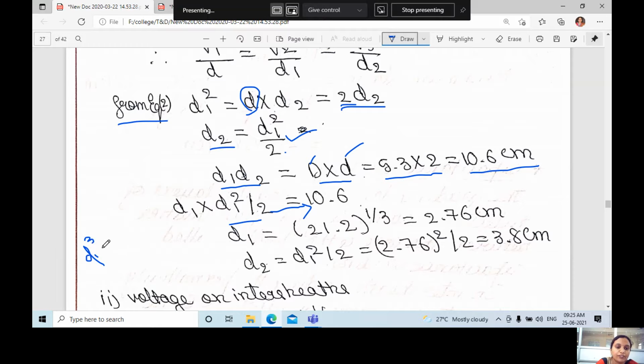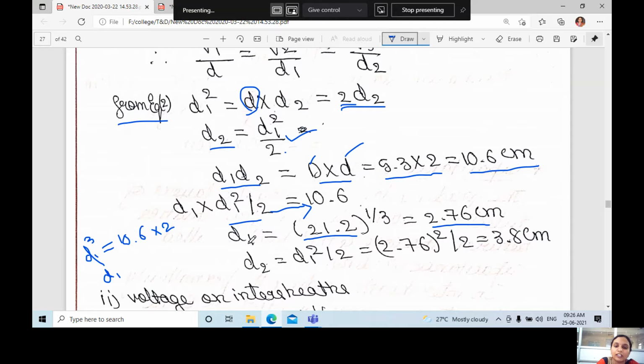So D1 is equal to 21.2 to the power of 1 by 3, that is equal to 2.76 centimeter.